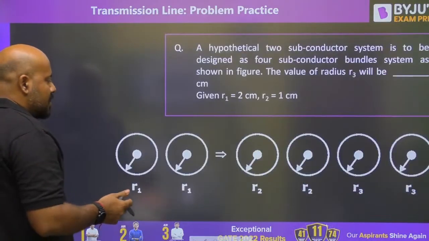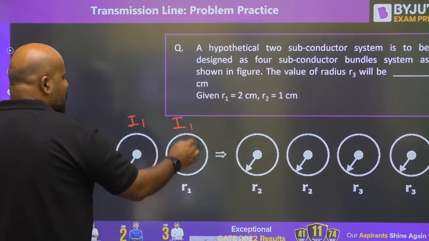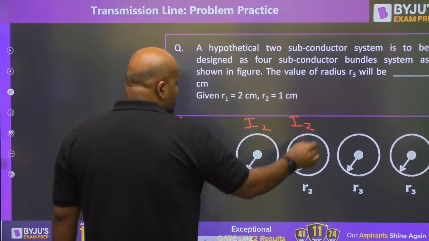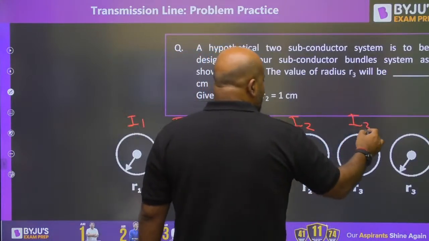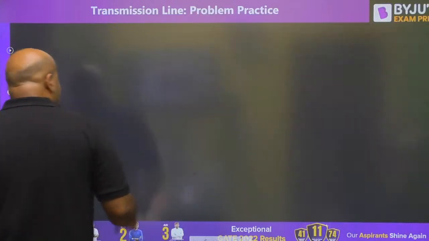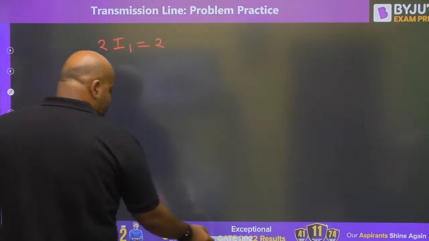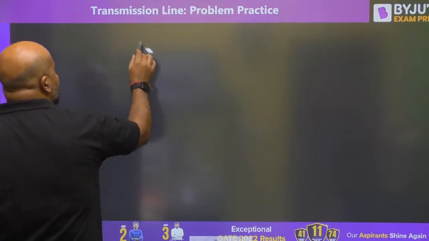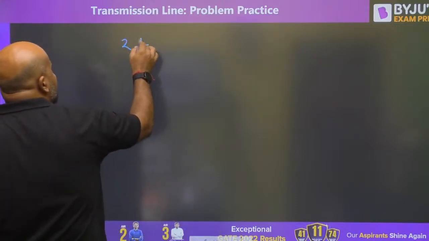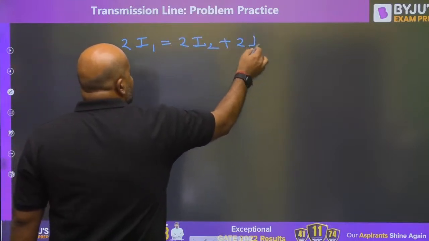Suppose the current here is going to be I1, this is also I1. Suppose the current here is I2, here it is I2, here current is I3, here current is I3. So can I equate the current? Can I write 2I1 is equal to 2I2 plus 2I3?